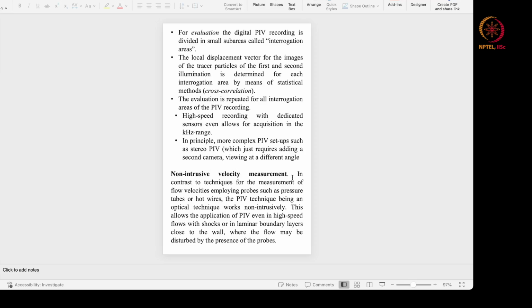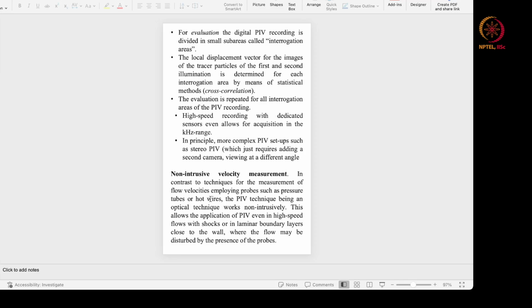So, non-intrusive velocity measurement: in contrast to techniques for the measurement of flow velocity employing probes, such as pressure tubes or hot wires, the PIV technique is an optical technique. Therefore, it depends on scattering of light. It is not a spectroscopic technique, by the way. There is no energy transition involved.